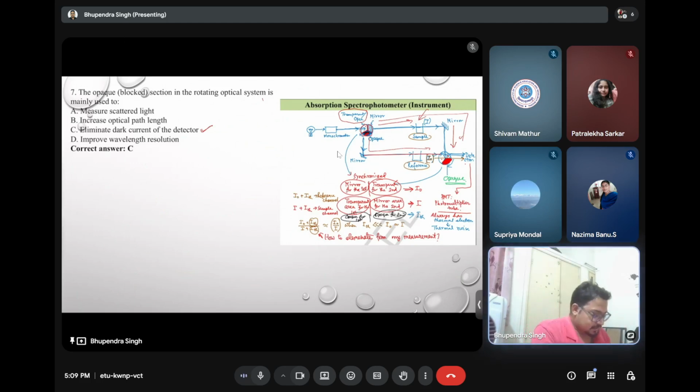But my question is why is this thermal noise or dark count coming? If light is not passing, then there should not be any count in the detector. A count in the detector means you are seeing absorption. For an absorption instrument, you are seeing some kind of spectra, but it should be zero if light is not passing. So why is this the case?